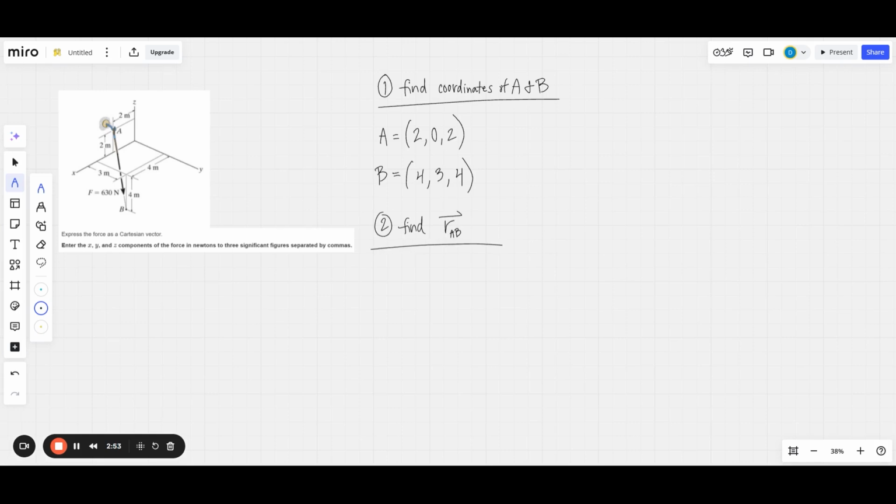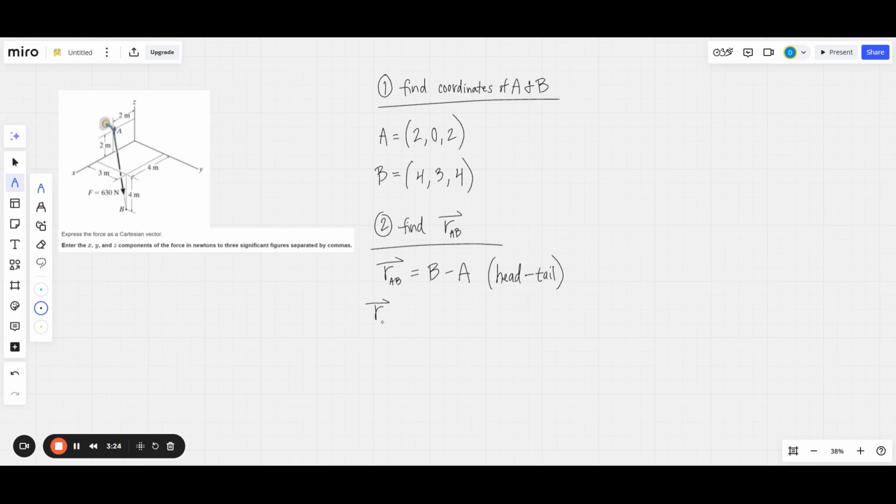The way that we find the position vector AB is we need to do B minus A, from here to here. In other words, the head of the vector minus the tail of it.